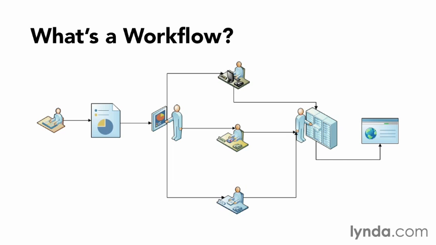But whoever's reviewed it, when it's all reviewed, it gets sent off to IT, where it's published on a server, so it's available as a web page for the annual meeting. And then we'd probably have an email that goes back to the presenter saying, hey, it's here, here's a link. This more complex workflow that has other branches is based on conditions. Who's delivering the presentation? This is a type of workflow that we could create starting with SharePoint 2010.